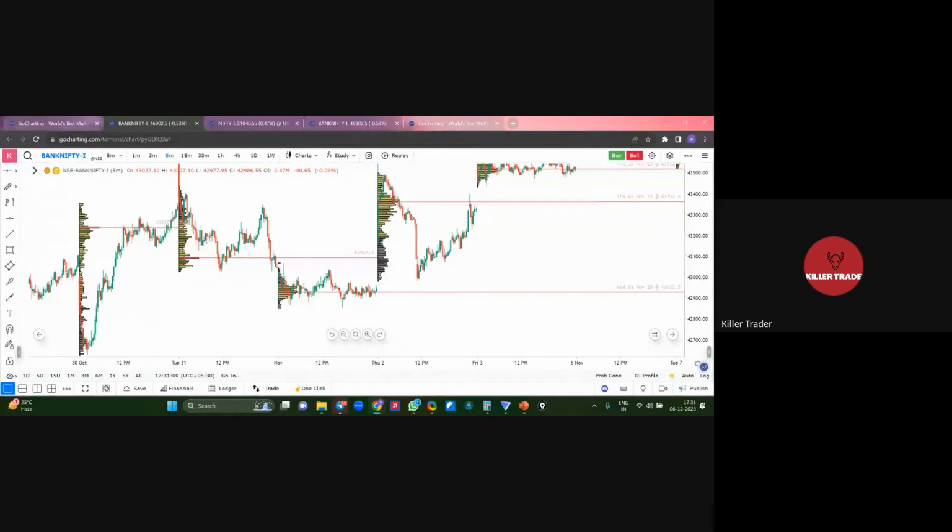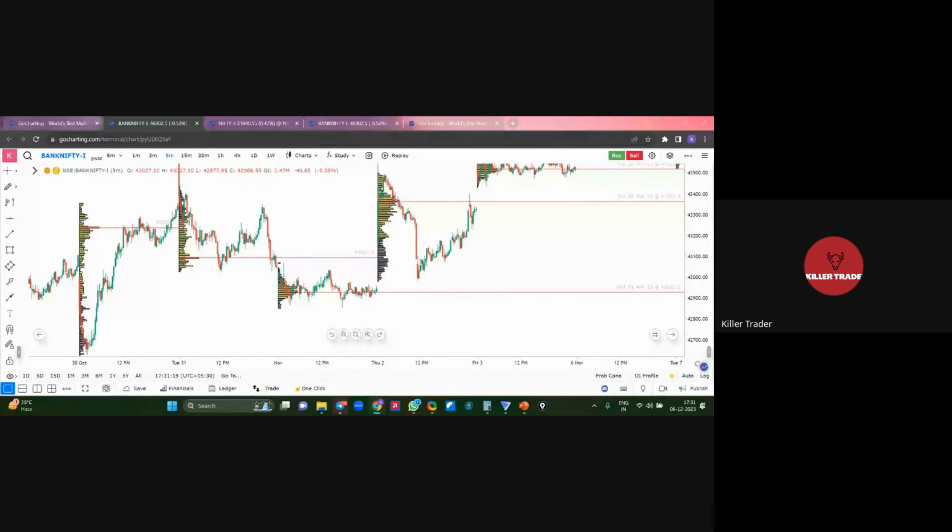Each indicator or each tool has a different purpose, and the primary purpose of volume profile is for you to understand the structure of the markets. Understanding structure does not equal taking an entry or focusing on targets.